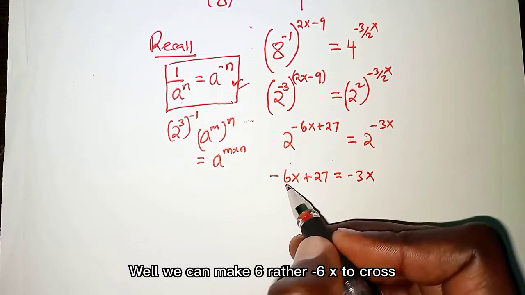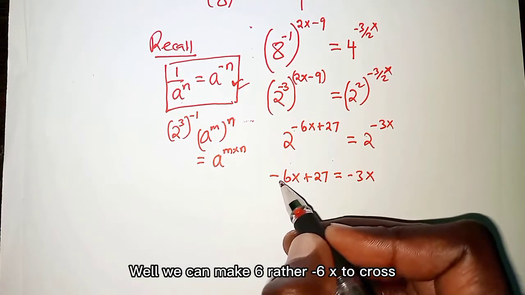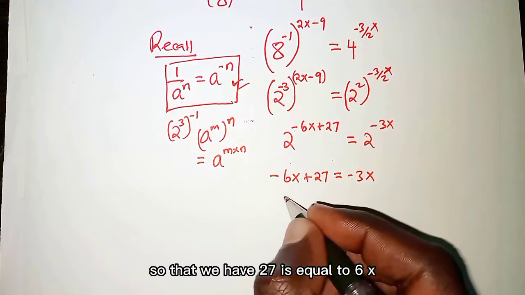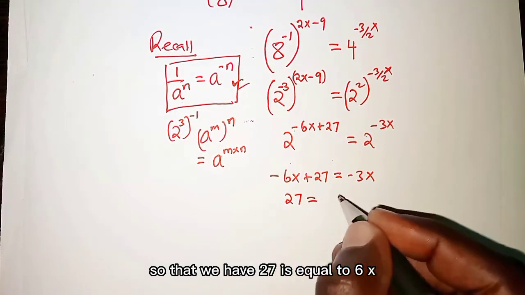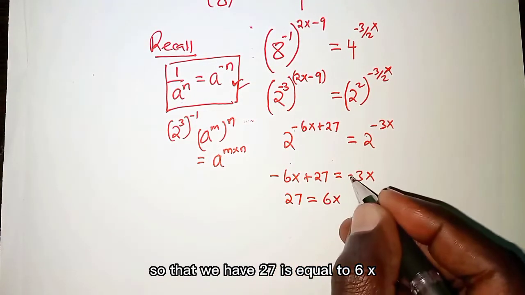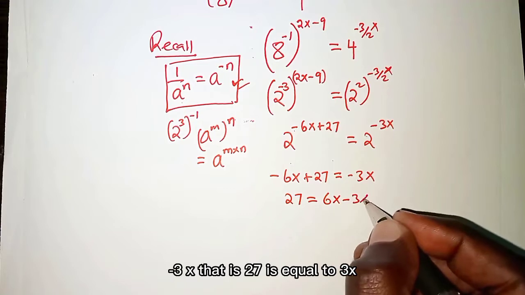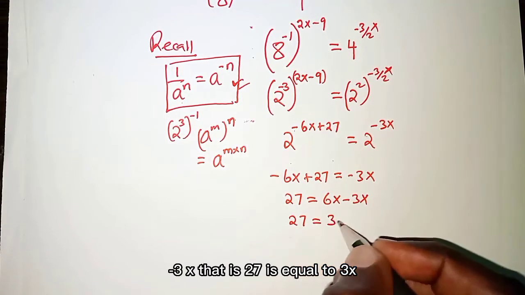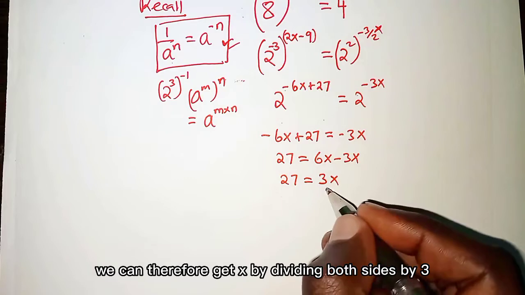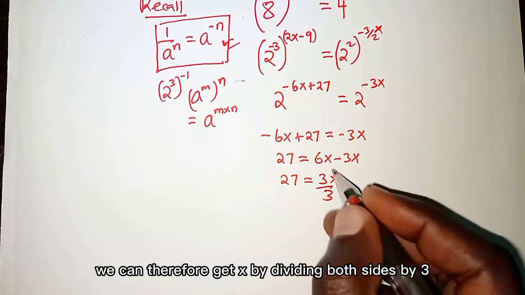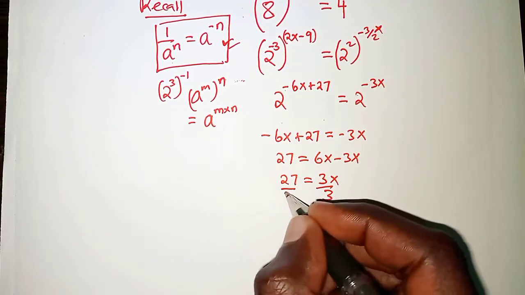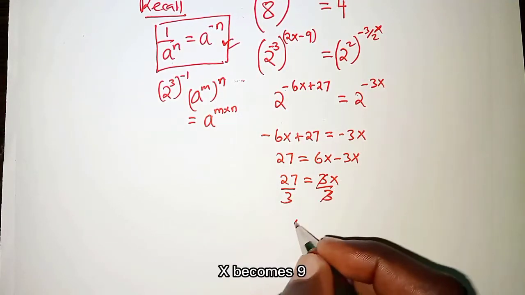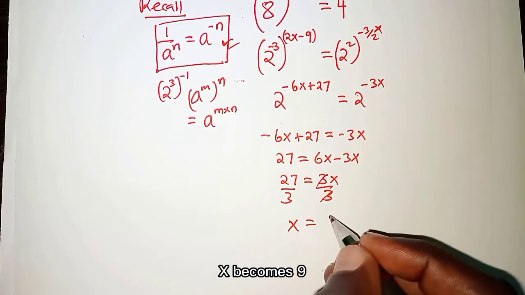Well, we can make negative 6x cross, so that we have 27 is equal to 6x minus 3x, and that is 27 is equal to 3x. You can therefore get x by dividing both sides by 3. So x becomes 9.